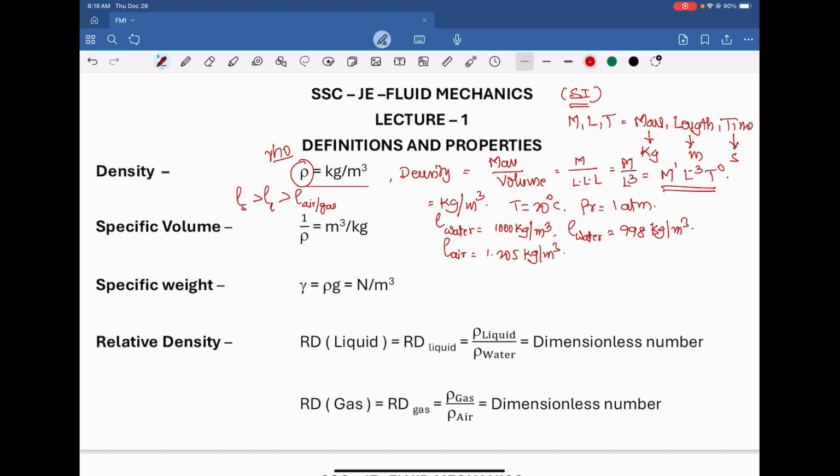Now, there are certain quantities called specific. What is a specific quantity? It is called as per kg of a matter. Specific always deals with per kg, per unit mass we can say.